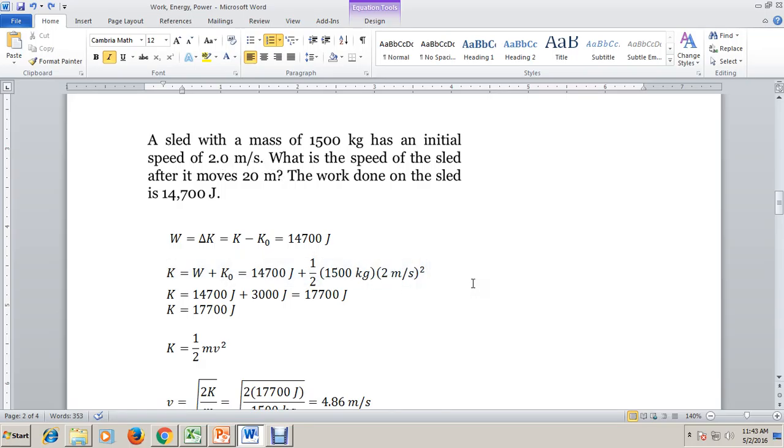The result gives us 14,700 joules plus 3,000 joules. You could try this on your own calculators. That gives us 17,700 joules. That is our final kinetic energy.